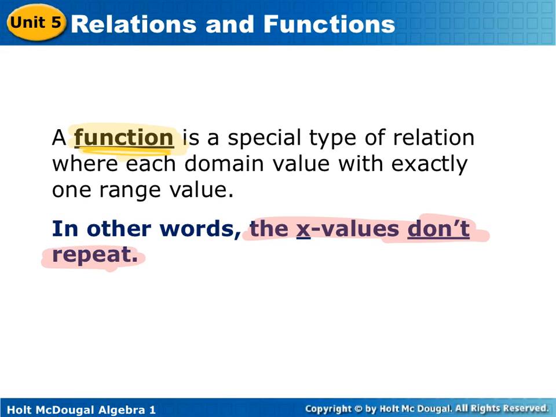Now, you've talked about that before, whether it was last year in your math class or even 2 years ago. Okay? But a function is very special. It is where each x value has exactly one y value. All right? So that means your x could not go 2 different places. If that is the case, then you have a function. So we're going to look at some ways to find out.